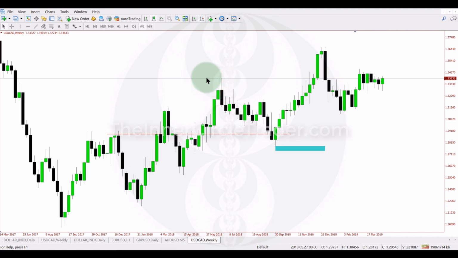Now this just happened to form in the very market that we talked about in the original presentation, but now we're looking at things on the opposite. We were bearish back then. We're looking at bullishness on the dollar CAD. So if we're looking at these equal highs, that's going to be a draw on liquidity. Trading into a weekly order block, we're expecting the monthly order block to send price higher.